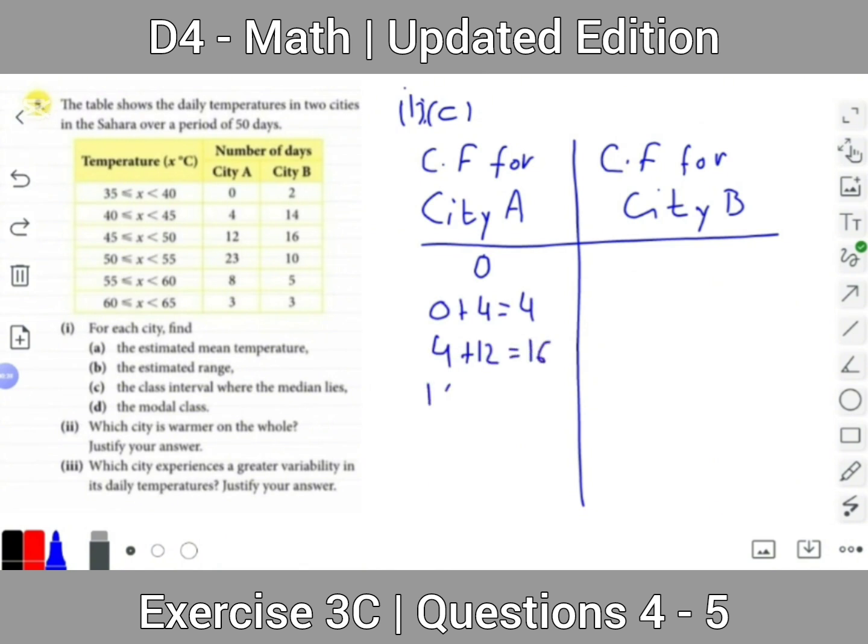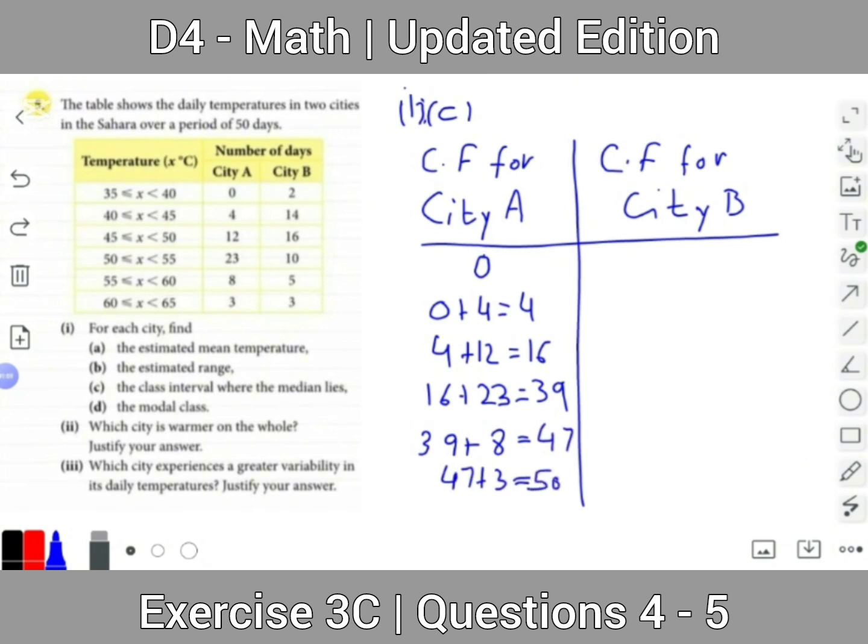Now 16 plus 23 will be equal to 39. 39 plus 8 is equal to 47, and 47 plus 3 will give us the cumulative frequency of 50.